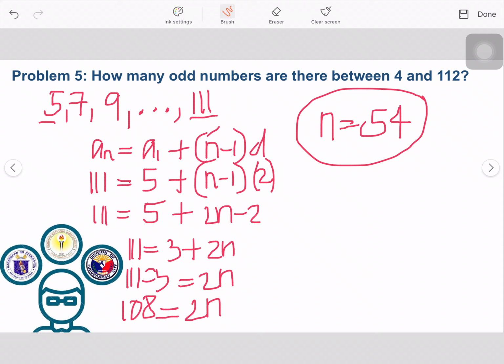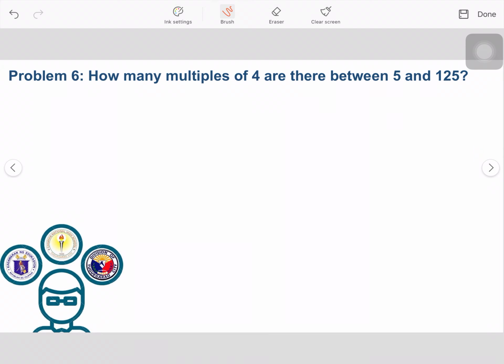Let's look at problem number 6. How many multiples of 4 are there between 5 and 125? So what's the first multiple of 4 that's found between 5 and 125?